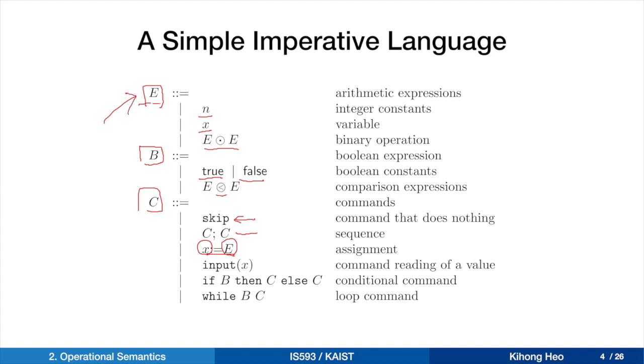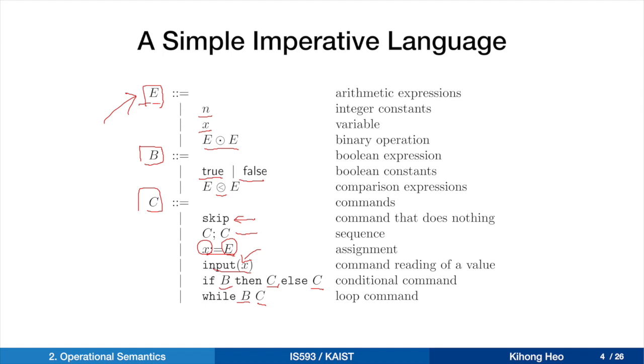Okay, the next one is an input command that reads a value from outside and stores the value to this variable. Okay, the next one is a conditional branch with a single Boolean expression and two subcommands, and the last one is a while loop with a single Boolean and a single command.